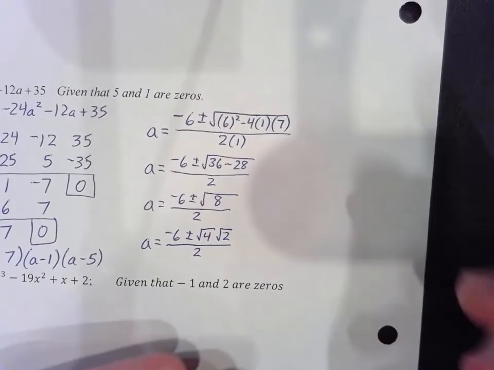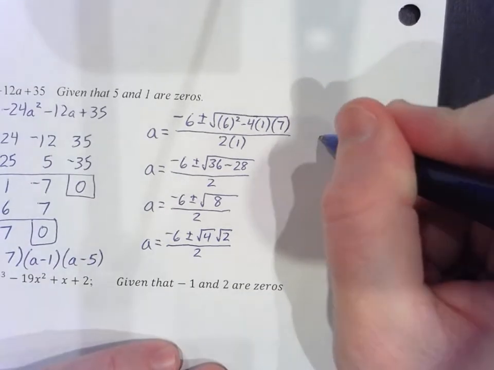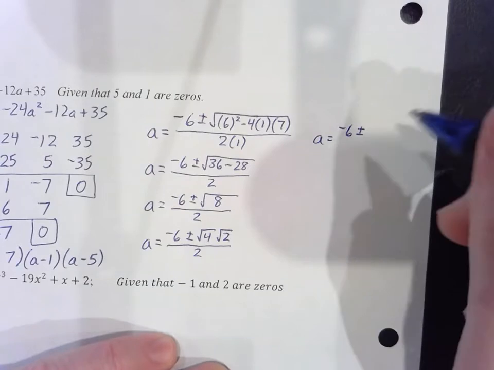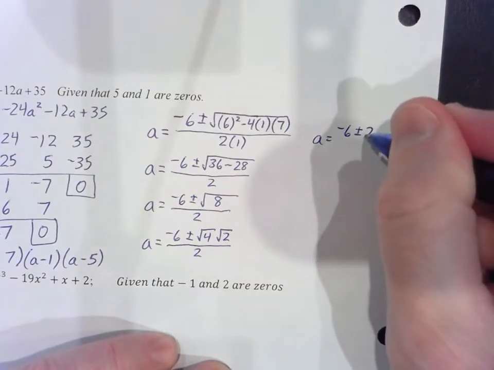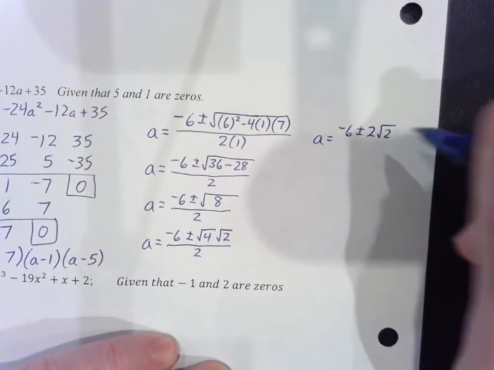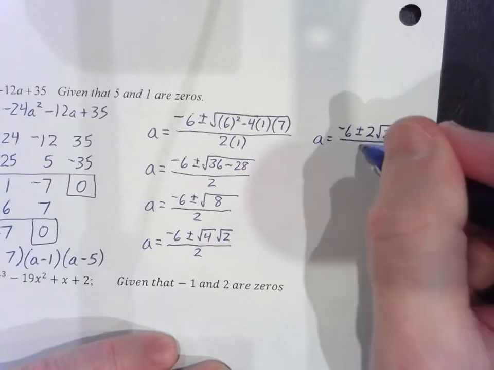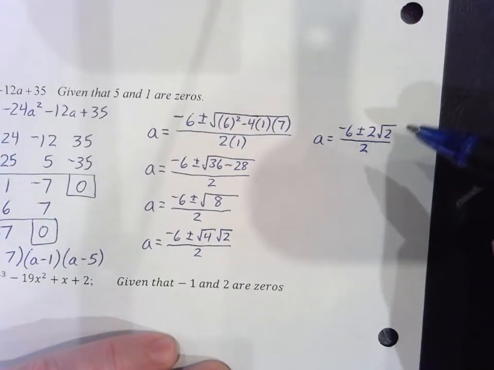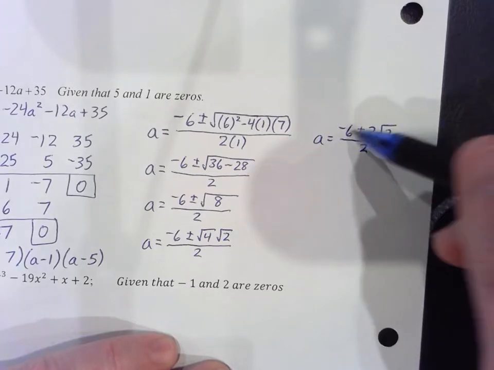So on to the last column here. So a equals negative 6 plus or minus the square root of 4 is 2, and I can't do anything with square root of 2 over 2. So I look at the three numbers outside of the square root, 6, 2, and 2.